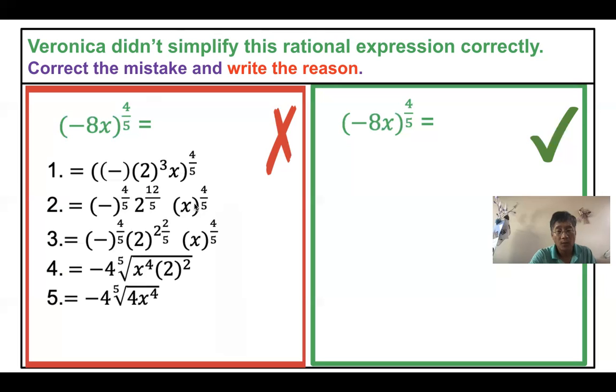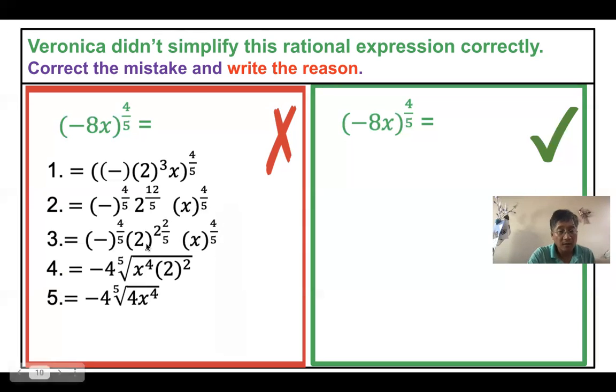And then what happened is, 12 over 5, we change it to 2 and 2 over 5. Improper fraction, you change it to the mixed number. The others are all okay, right? So 4 over 5, 4 over 5. Now, we are going to change it back.